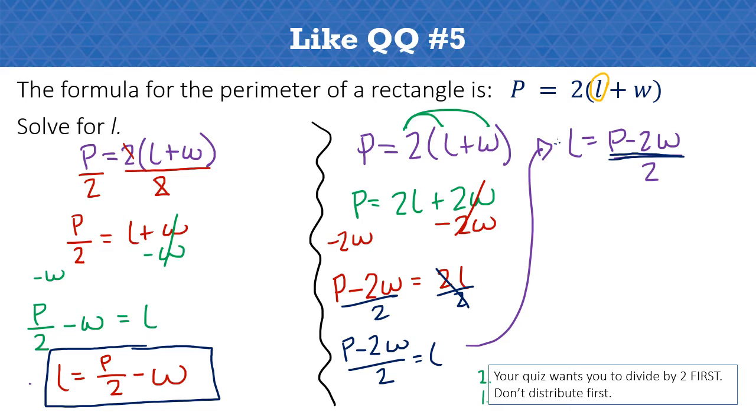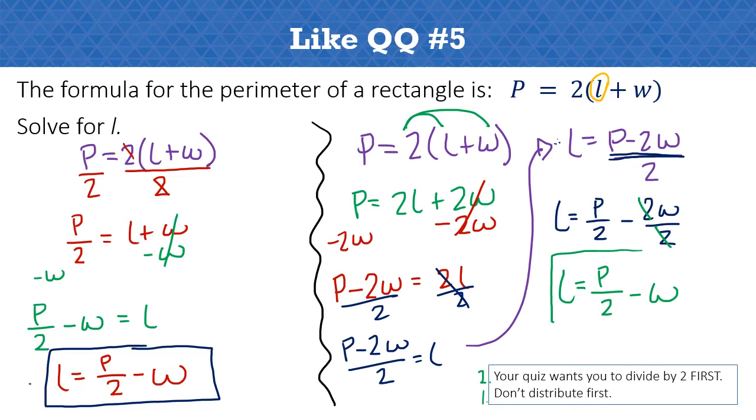So if I separate that, we have L is equal to P over 2 minus 2W over 2. Then we can simplify wherever we can. Notice there's a 2 and a 2, so those divide out, leaving us with L is equal to P divided by 2 minus W.